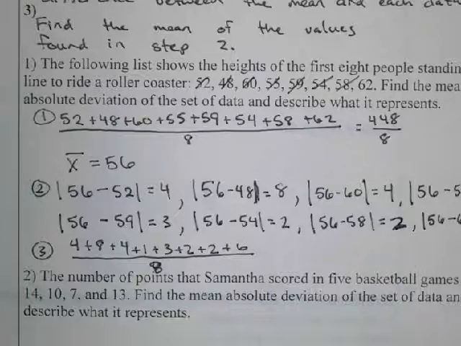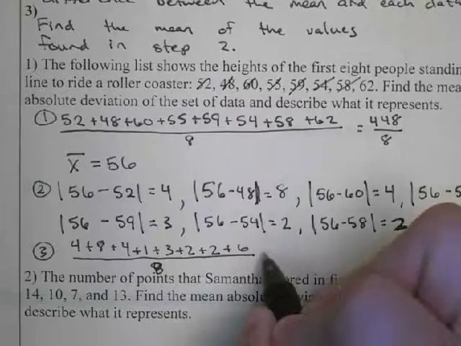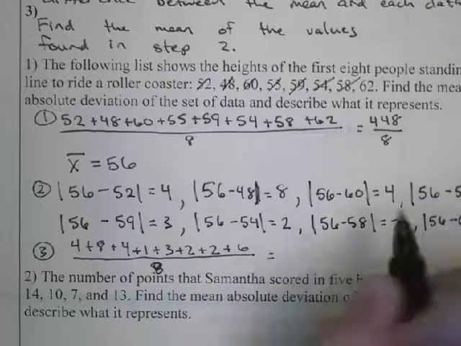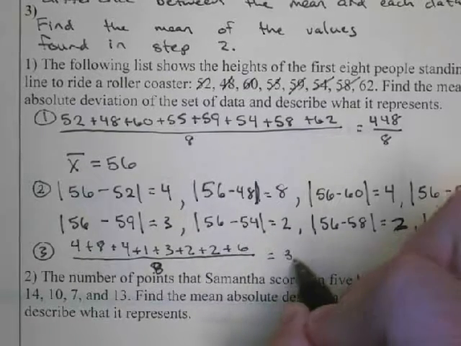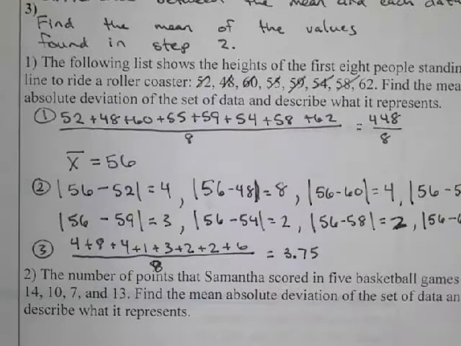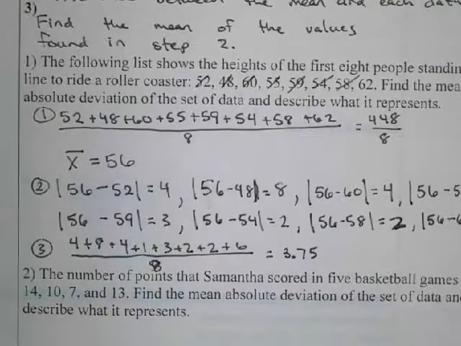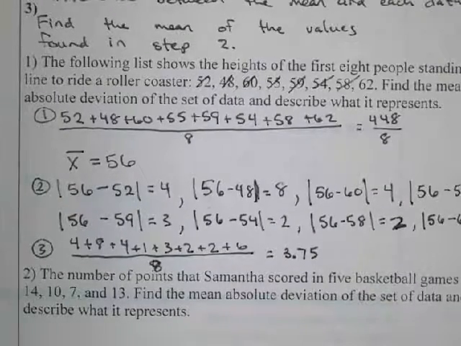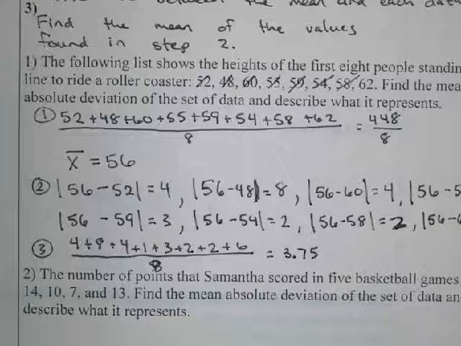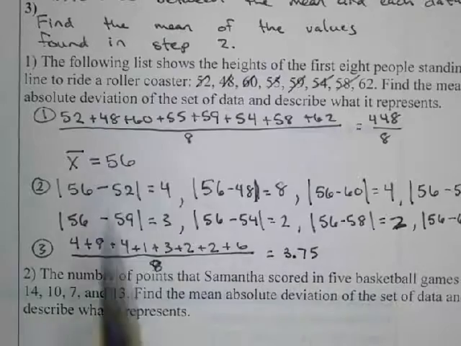And we get that the MAD, the mean absolute deviation, is 3.75. And so what that tells us is that each one of these values is on average 3.75 away from the mean. So on average, we are 3.75 away from 56.